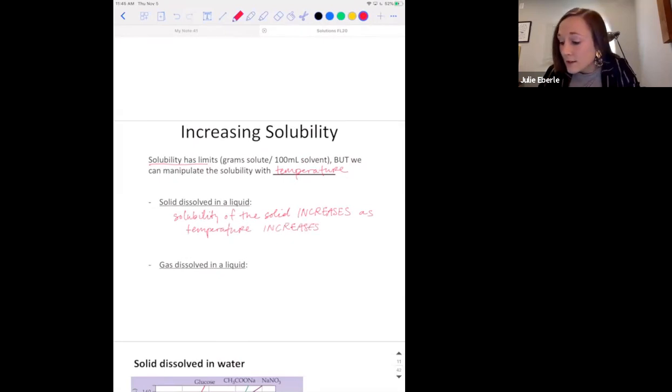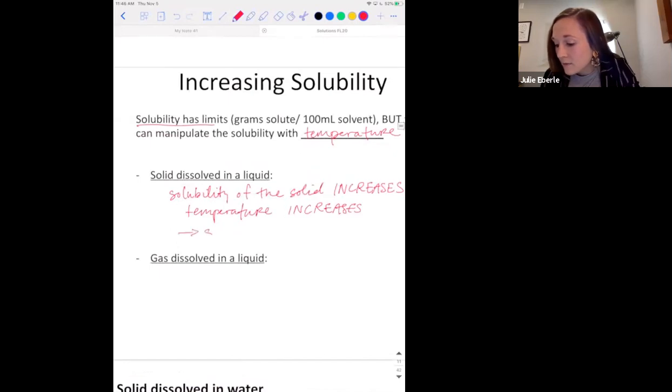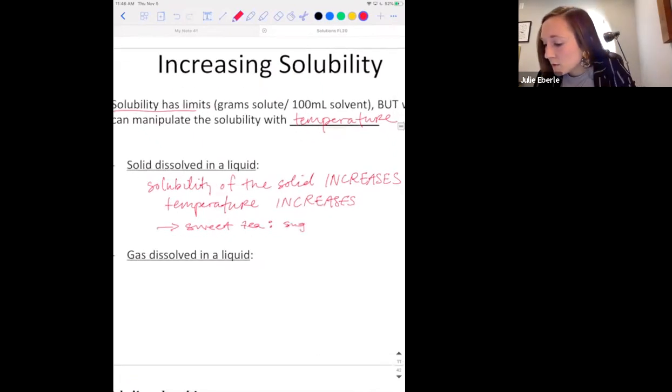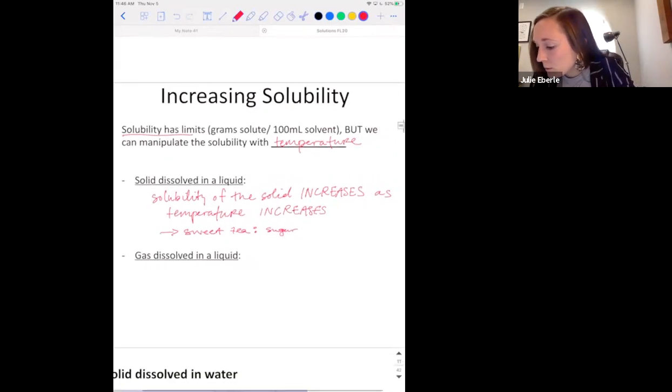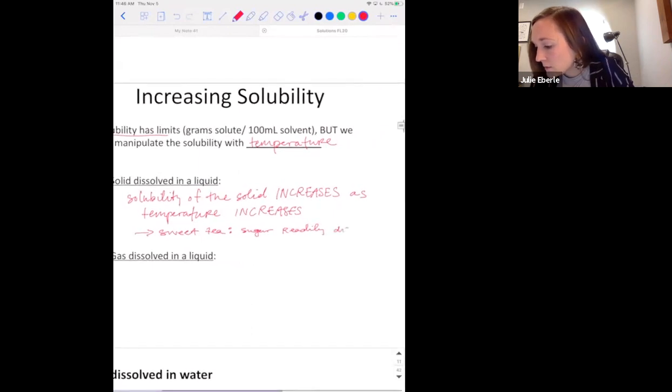The example is sweet tea. How is this an example? Sugar readily dissolves in hot tea versus cold.